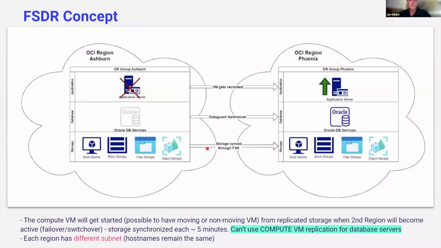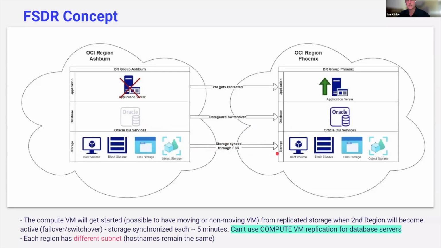You see all the tiers separated. There is a slightly different method for replicating each tier. I'll start with the database. The database itself is not replicated by FSDR. For replicating the database tier, you need to set up Oracle Database DataGuard, and then FSDR will be able to interact with this DataGuard and, if necessary, perform failover or switchover through it.